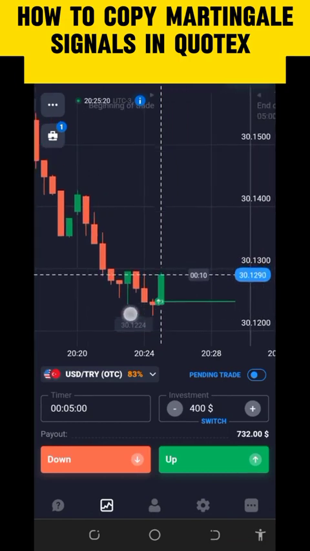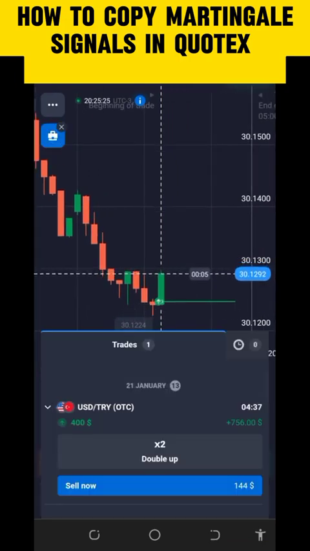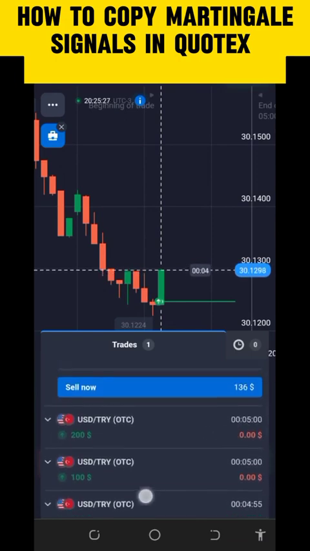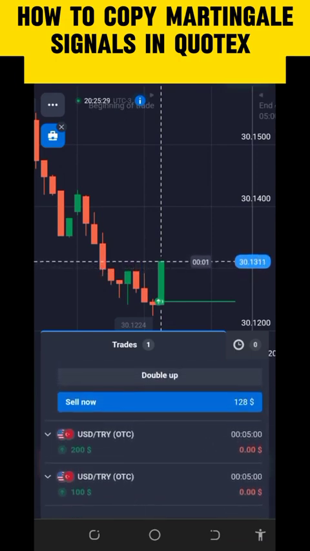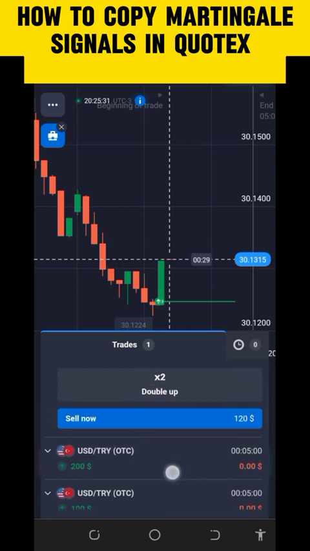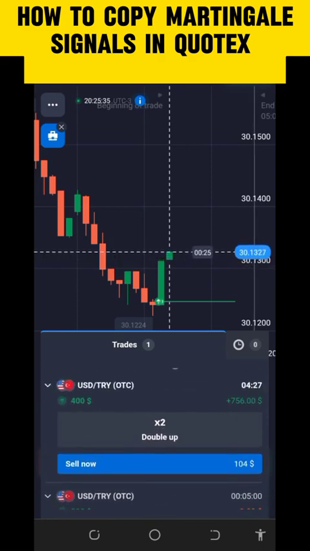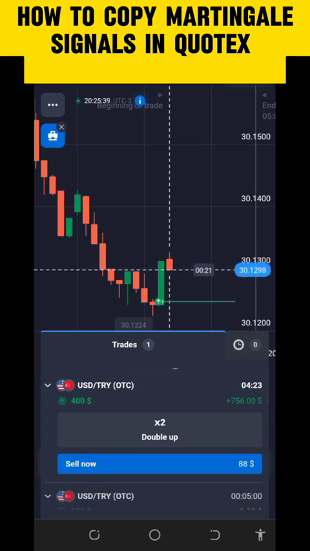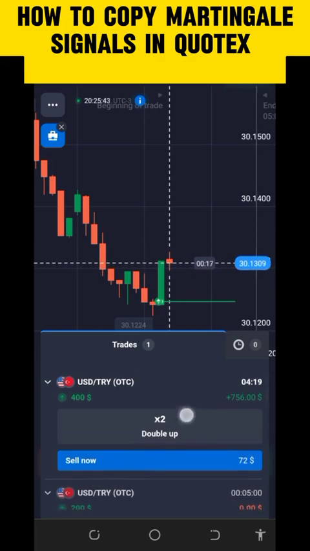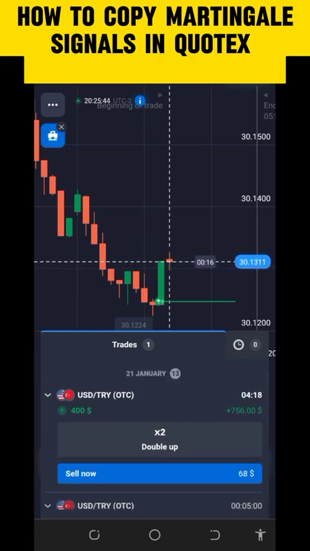I was saying that in the main trade we lost $100, as you can see here, and in the first girl we lost $200, which is $300. But because I keep doubling the amount, if I win this last girl, I'm going to gain $356 as profit, which covers the $300 we lost in the main trade and the first girl, and we have an additional profit of $56.